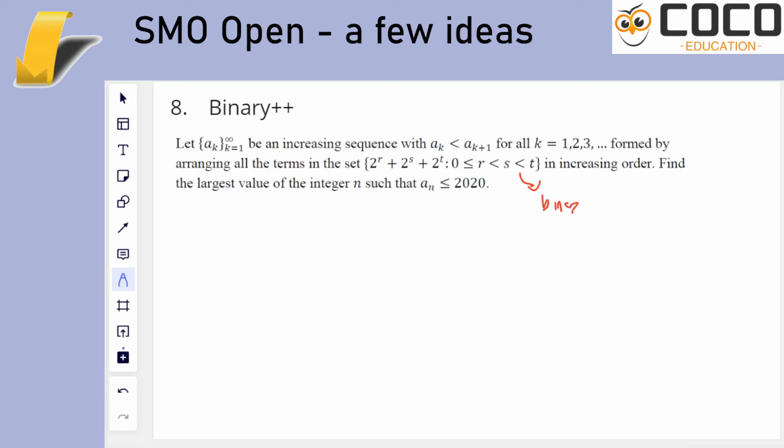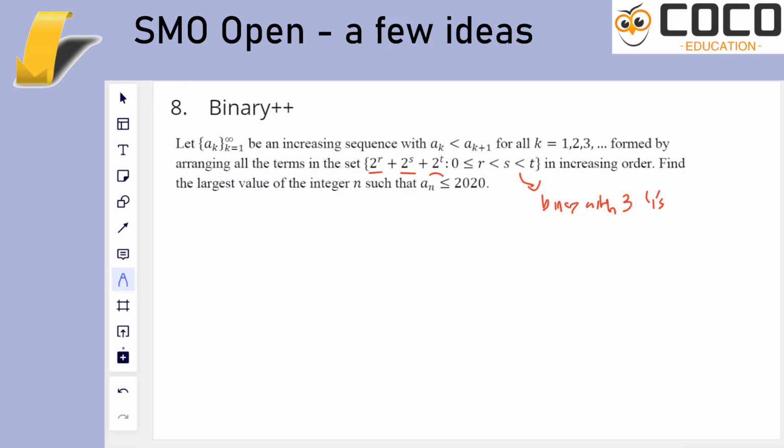It's like binary with 3 ones, because you only get 3 powers of 2. So find the largest value of the integer n such that an is less than or equal to 2020 means how many of these modified binary values are going to be less than or equal to 2020.